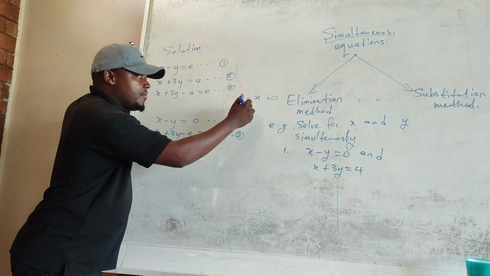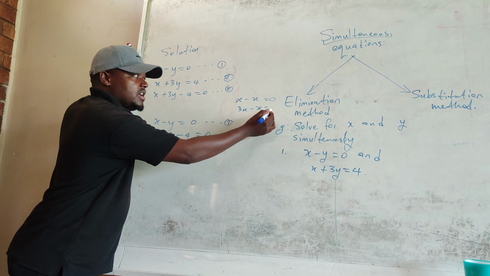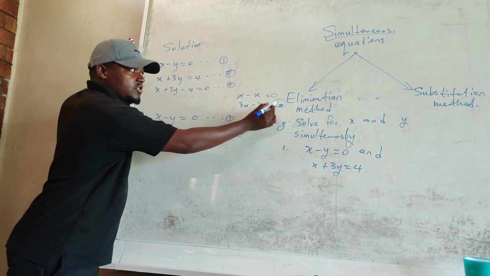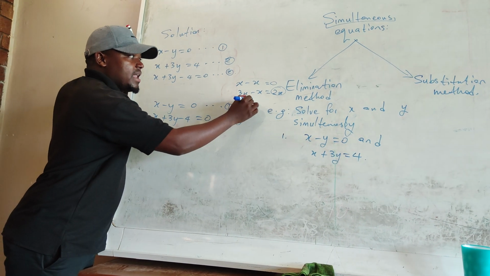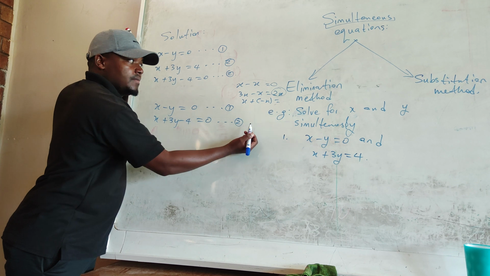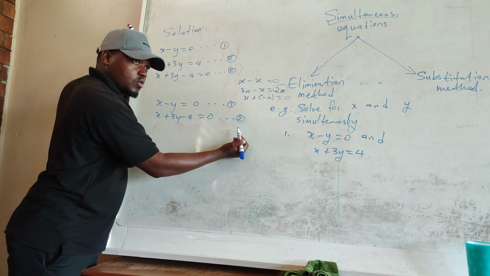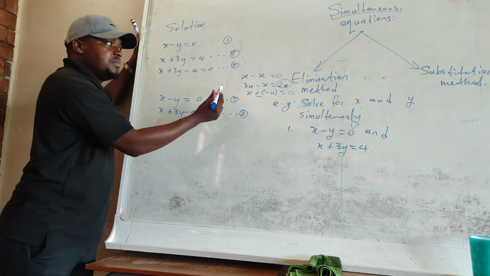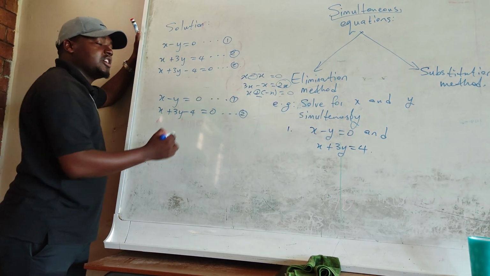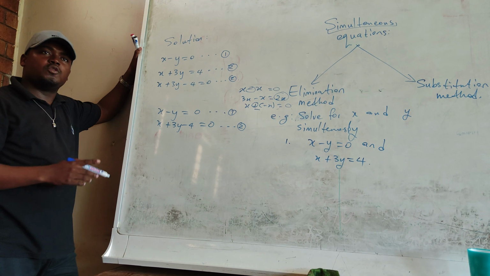But if I have 3x minus x, the answer is 2x, so x is not eliminated. Sometimes x plus negative x is 0. So we are using only subtraction and addition to check which one will eliminate.